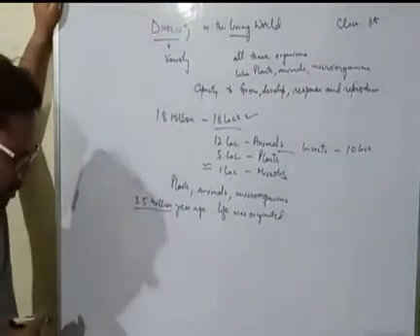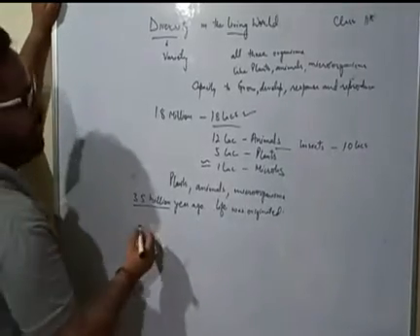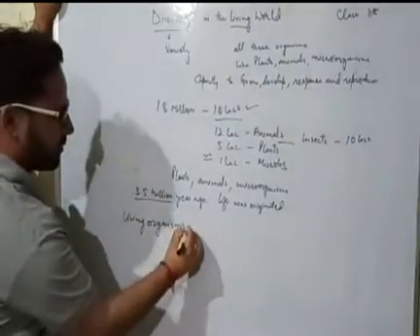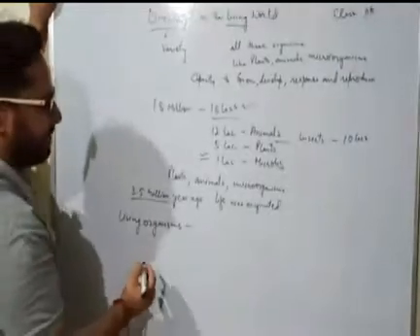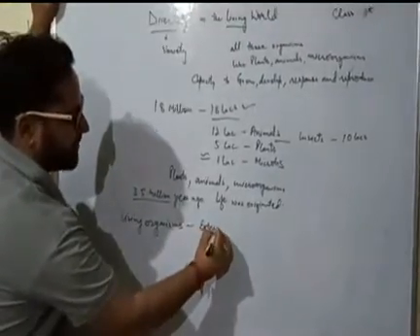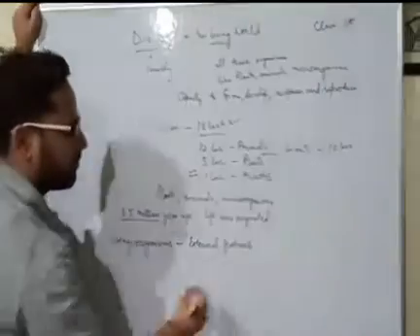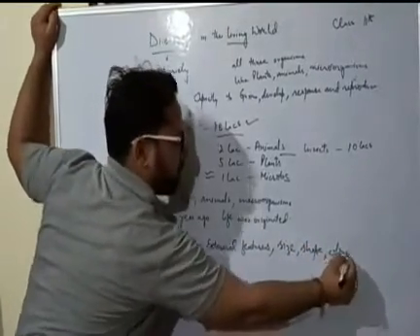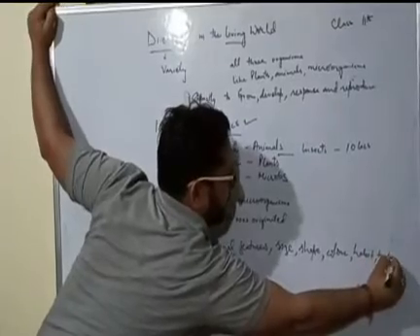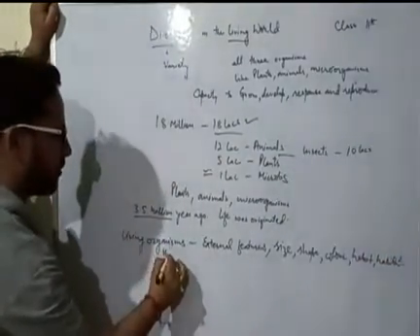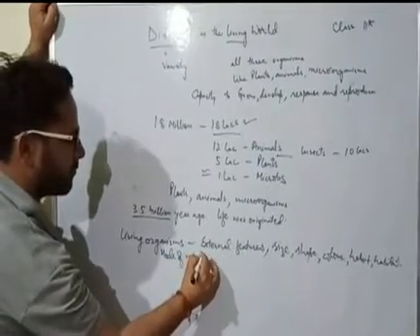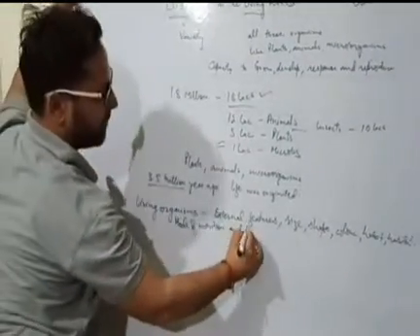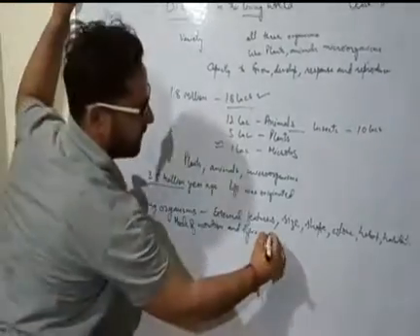Now, these living organisms are of various kinds based on external features, size, shape, color, habit, habitat, mode of nutrition, type, even internal structure.